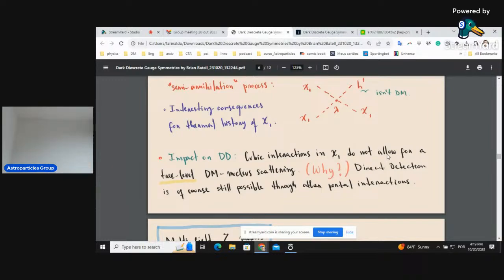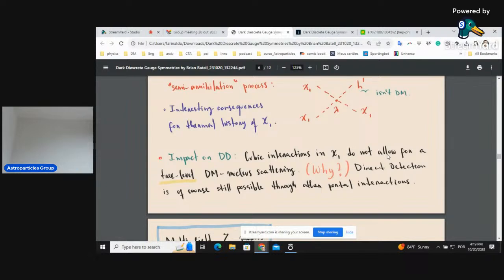Which has nothing to do with right this. In this case, it's like indirect detection, for instance. There is a bound on sigma v, right? It has nothing to do with right this or dark matter. But this sigma v has to be obeyed regardless.